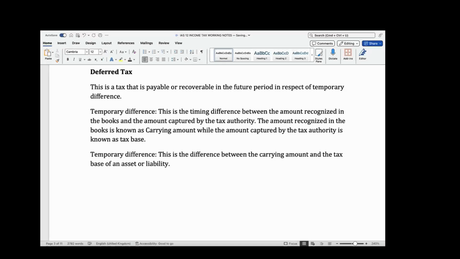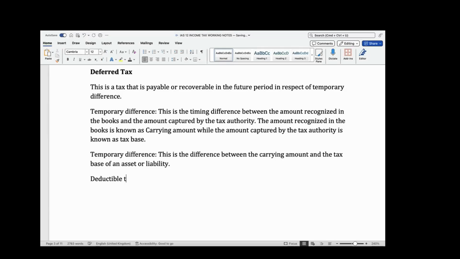Now, if you understand temporary difference, there are two types of it, which of course makes sense too. One is the one that will result in you recovering tax or getting a deduction, like the scenario I gave you, where the taxman says, okay, we won't allow this expense until you pay it. It means that in the future, you are going to enjoy a deduction in respect of that transaction. Because when you eventually pay it, the taxman allows it as a deduction, and then you pay less tax. So we usually call that a deductible temporary difference.